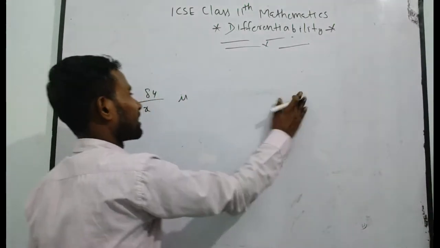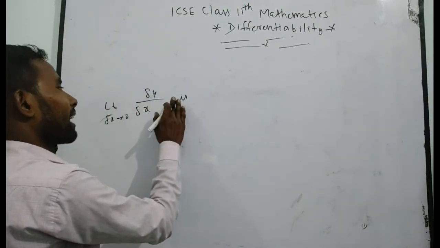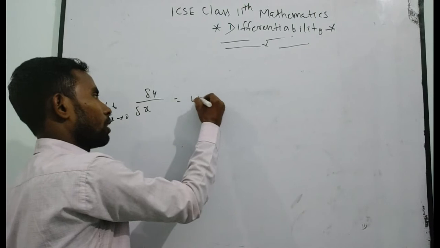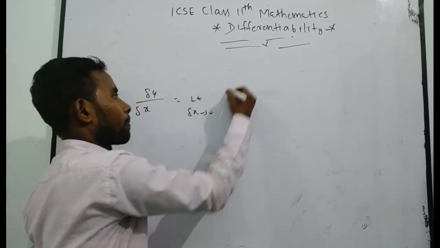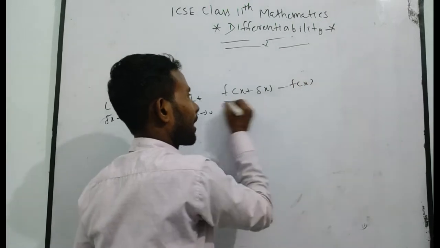I want to write directly: the limit del x tends to 0 of del y by del x is equal to the limit del x tends to 0 of f(x plus del x) minus f(x) divided by del x.